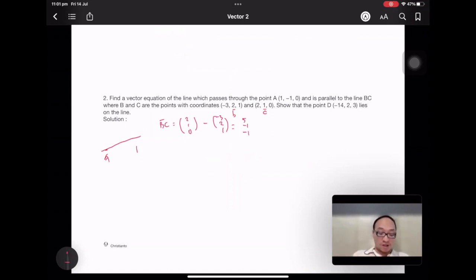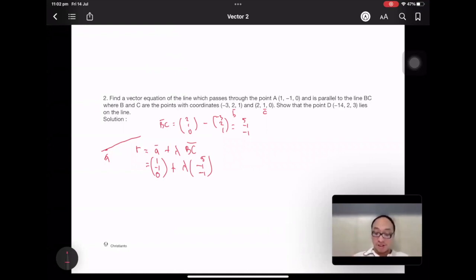So the equation of the line is the initial point plus lambda times vector BC. It passes through A, so I use the coordinate A, 1, -1, 0, plus lambda times 5, -1, -1. So this is the equation of the line.